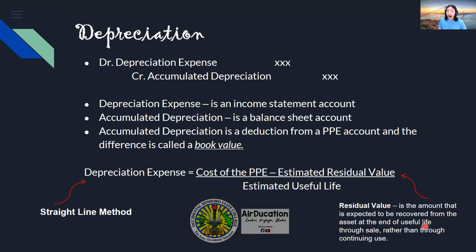May mapapakinabangan pa rin sa kanya. So halimbawa nga si ref, ang useful life niya hanggang 10 years lang, pero after 10 years, meron pa rin siyang mapapakinabangan sa kanya, di ba? So, yun yung residual value natin. And of course, it should be divided to the estimated useful life.